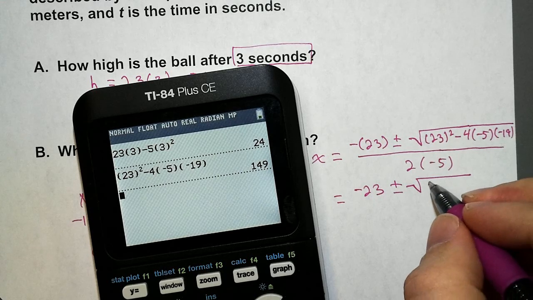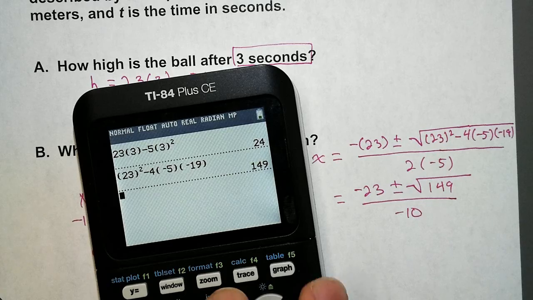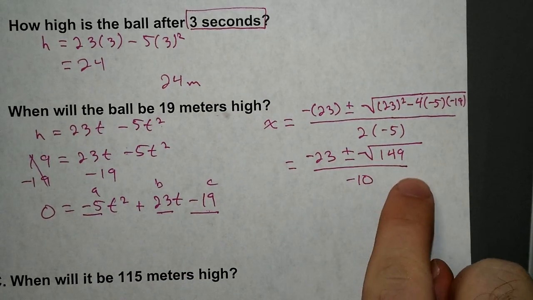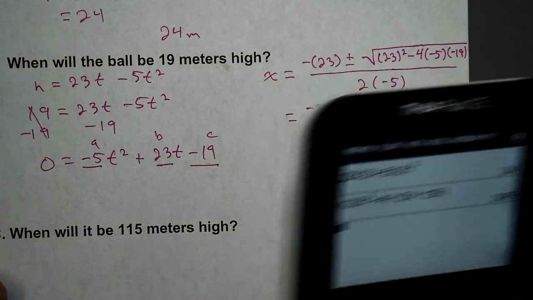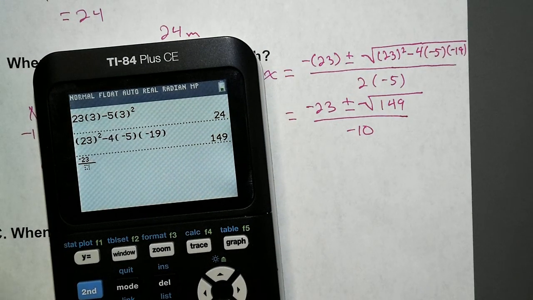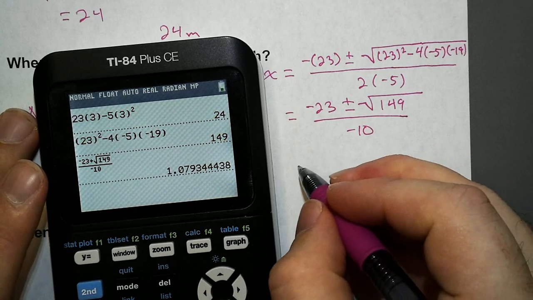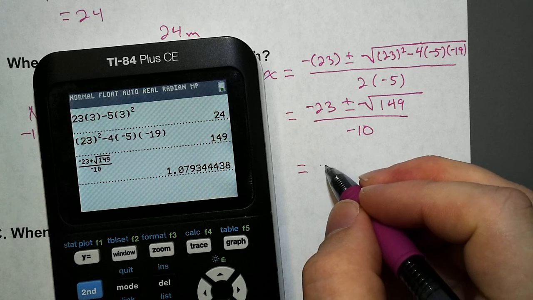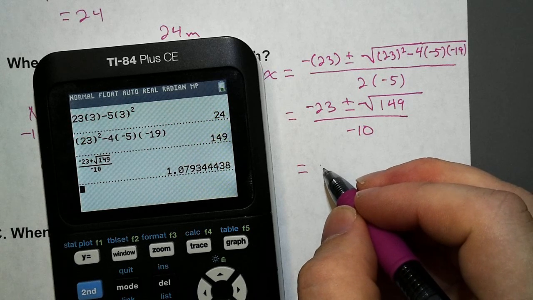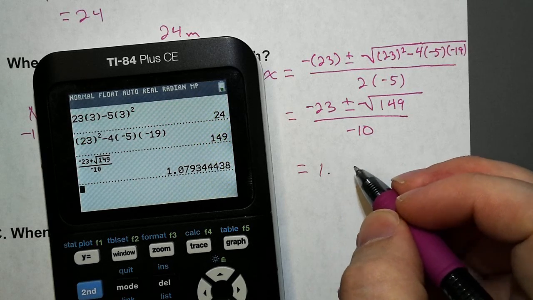And we get square root of 149. 2 times negative 5 is negative 10. Since this does not come out as a perfect square, we'll just solve it from there. So x equals negative 23 plus square root of 149 divided by negative 10, which comes out to 1.07 and so on.